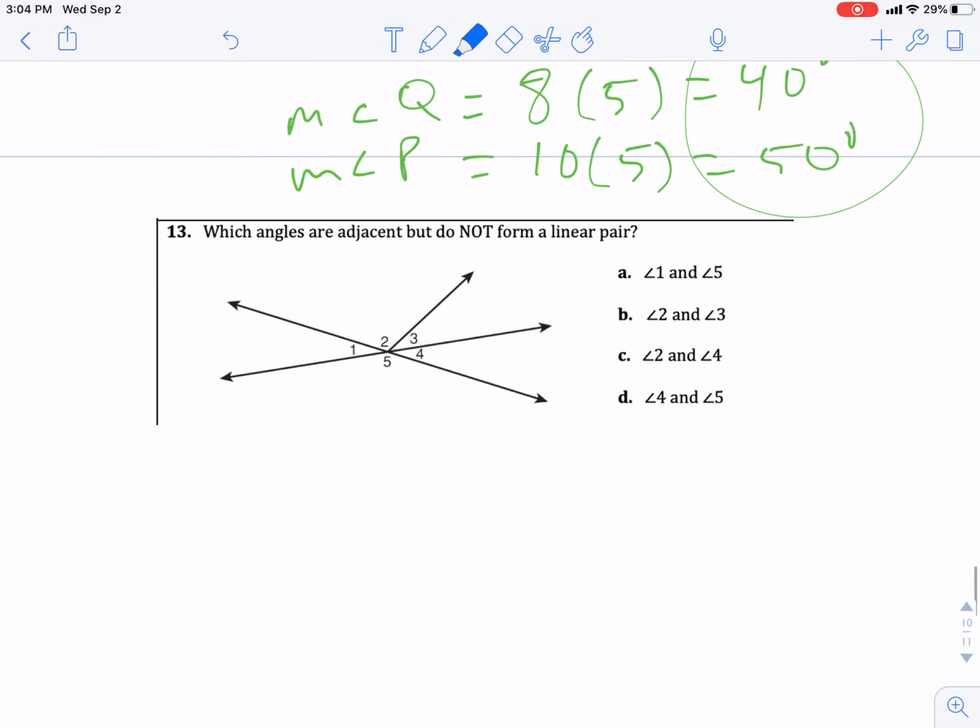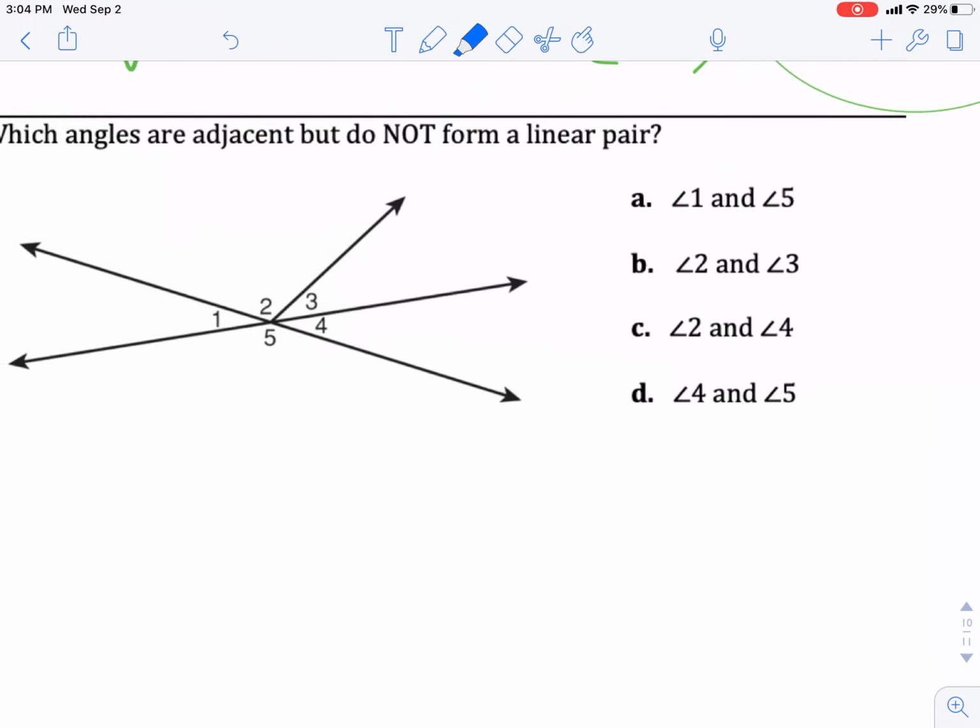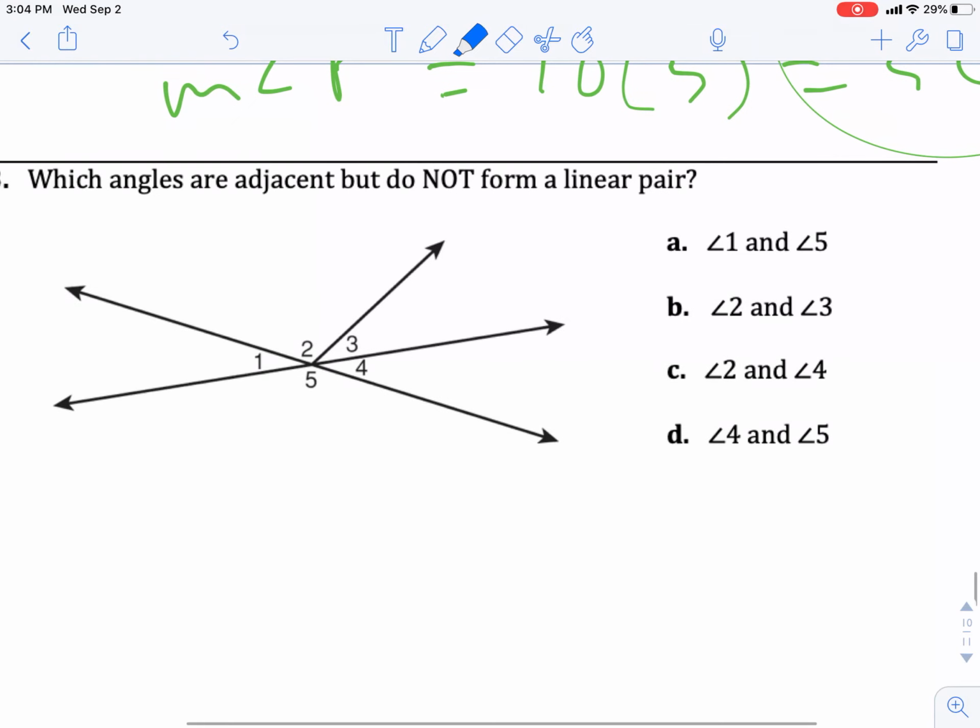All right, which angles are adjacent but do not form a linear pair? Well, 1 and 5 are adjacent because they share that common side. But the 2 uncommon sides form a straight line, so they form a linear pair. 2 and 3 are adjacent, and their non-common sides do not form a straight line.